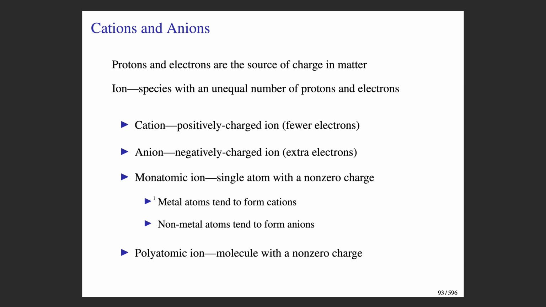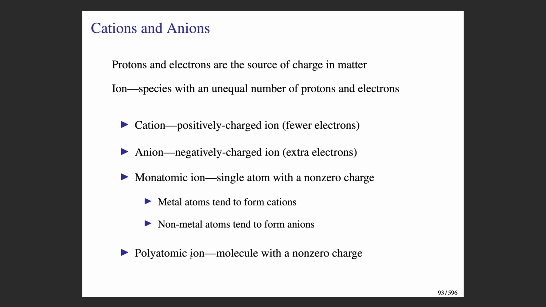Metal atoms, when they form monoatomic ions, tend to form cations, typically. So metal atoms usually lose electrons to form a positively charged cation. Non-metal atoms, on the other hand, tend to gain electrons to form anions.